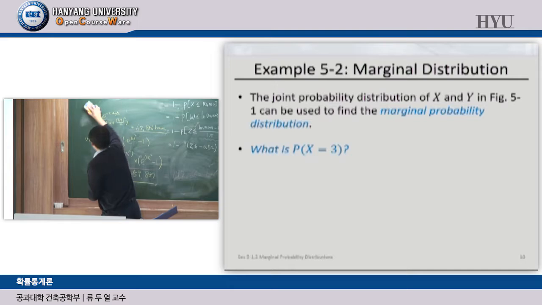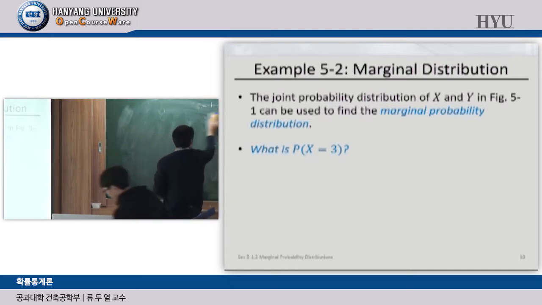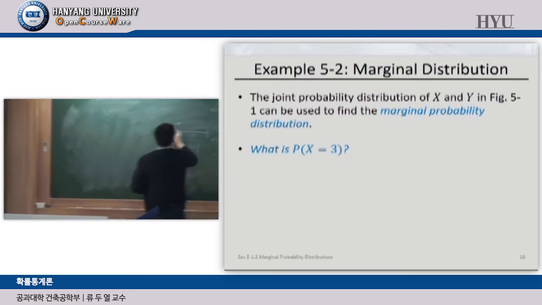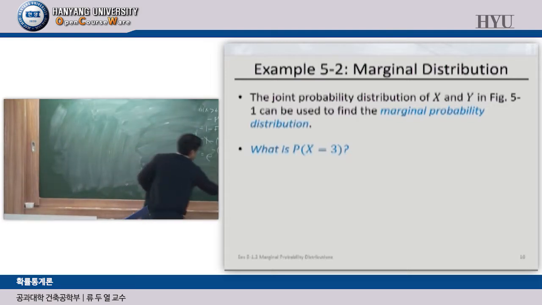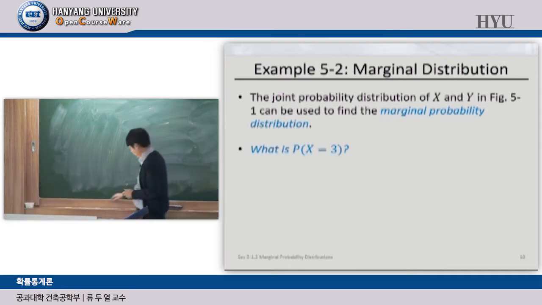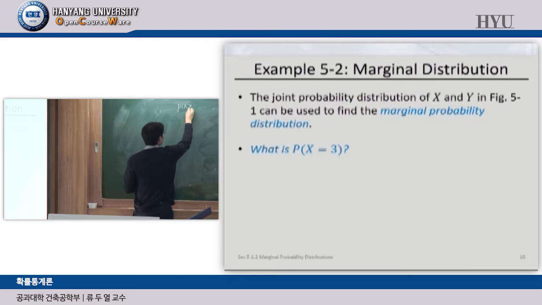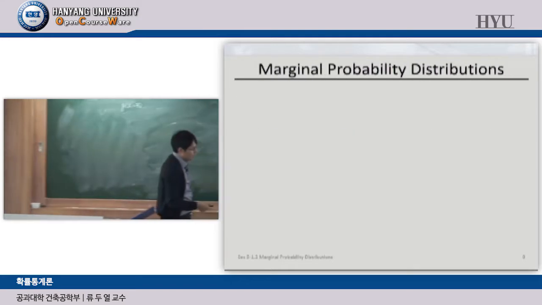So in this case, we have to calculate the probability of X equal to 3 in the previous figure 5-1, okay?